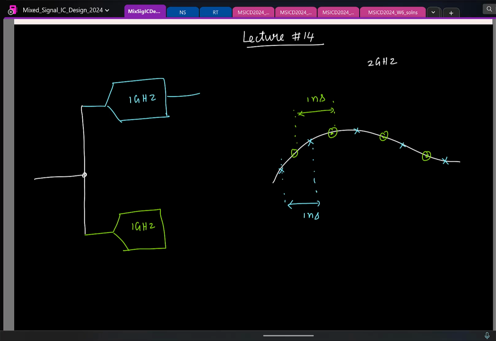Yeah, the sampling time instance between these two is staggered. And how much should I delay this by? And what is the time here? 0.5 nanoseconds, right? So if I feed in a clock of phi of t to the bottom one, I'll feed phi of t minus 0.5 nanoseconds.